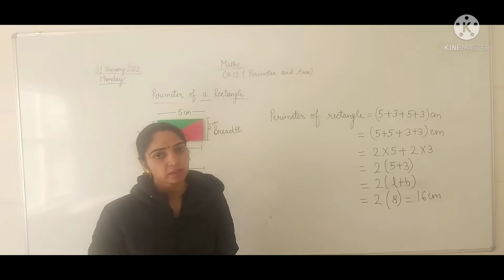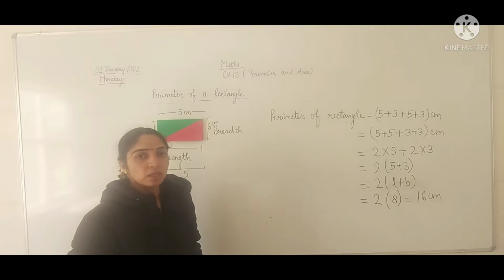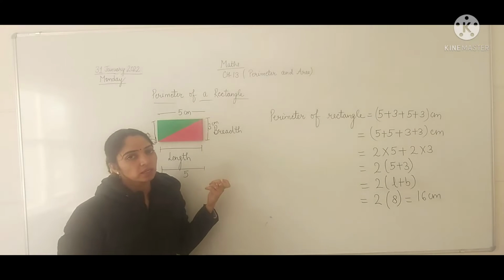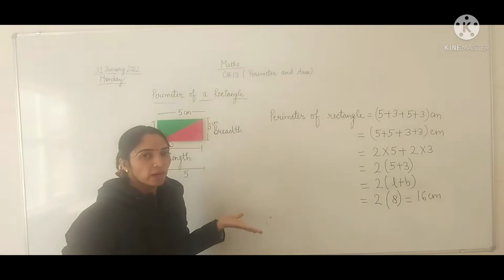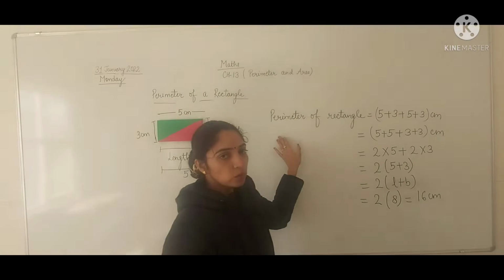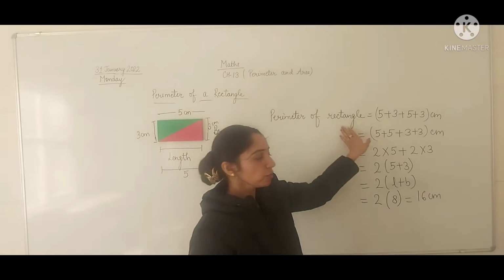Yesterday we discussed that we can sum all the sides of the rectangle, and then we can find the perimeter, right? So according to our previous knowledge, we can find the perimeter of a rectangle.